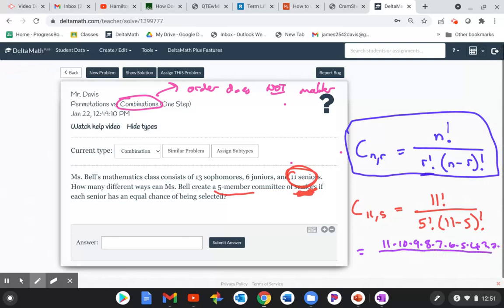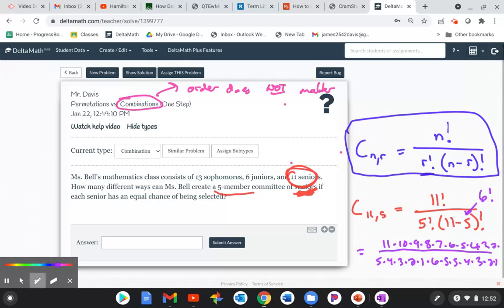On the bottom, we got 5 factorial first, so 5 times 4 times 3 times 2 times 1. And then times 11 minus 5 factorial, so that turns into 6 factorial. So then we have times 6 times 5 times 4 times 3 times 2 times 1.